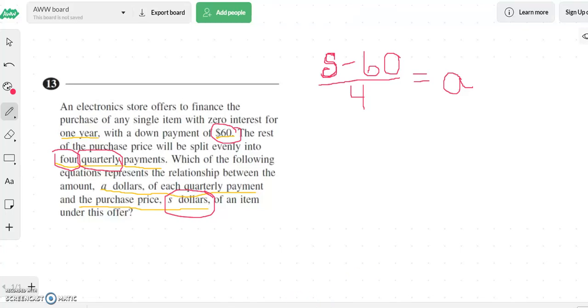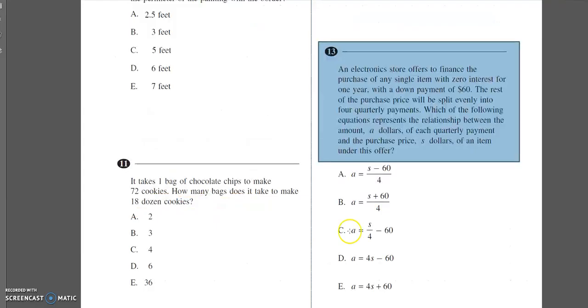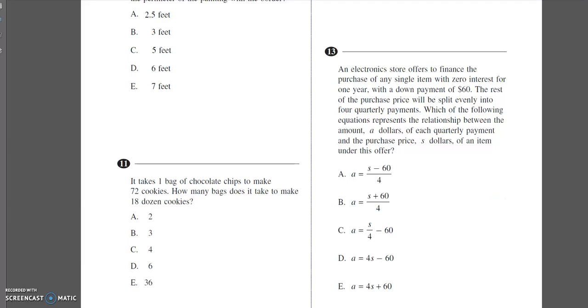And if you go back to the original problem, you'll see that A equals S minus 60 divided by 4. The reason I like to do the problems this way without looking at the answers first is because students are always going to try to match an answer with a question without ever really figuring it out.